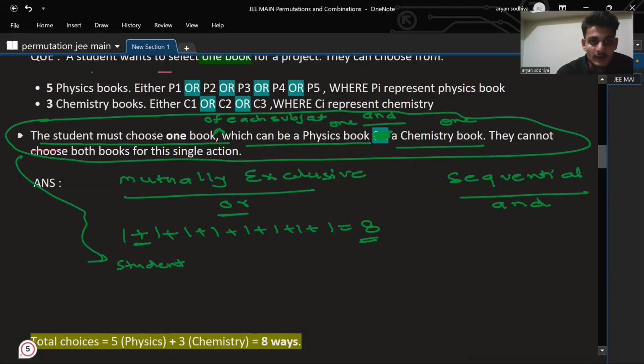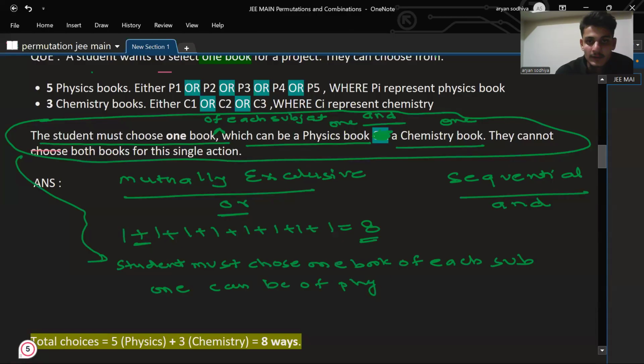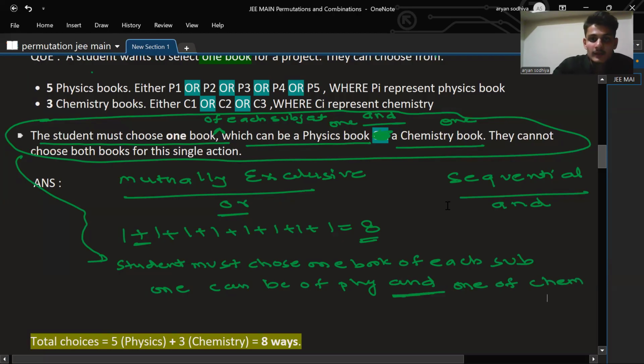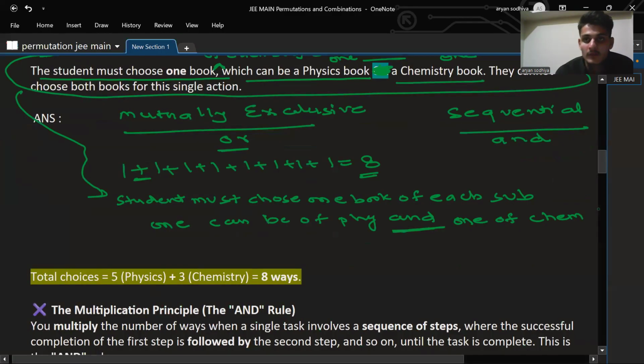The student must choose one book of each subject. One can be of physics and "and" is coming here. Please notice this keyword "and". One of chemistry. So where is the climax? Here is the climax of this question now.